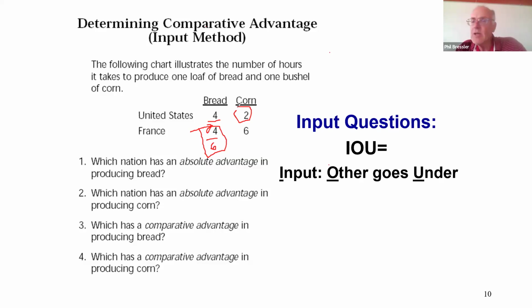Okay. Any questions on how to figure these two out before I give you some practice ones? Wait, so what did you do again to find the comparative advantage? Okay, let's do corn. I'm going to erase and go the other way. And thank you for asking.